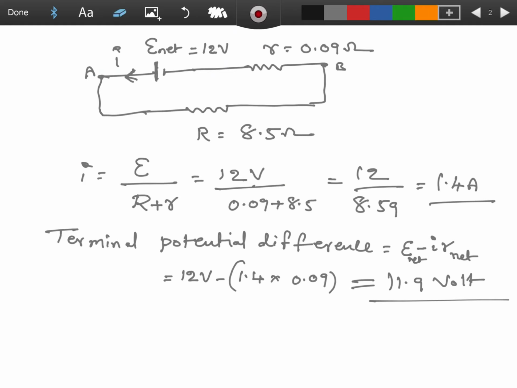In question B, the EMF of each cell becomes 1.9 volt and the internal resistance is 380 ohm.